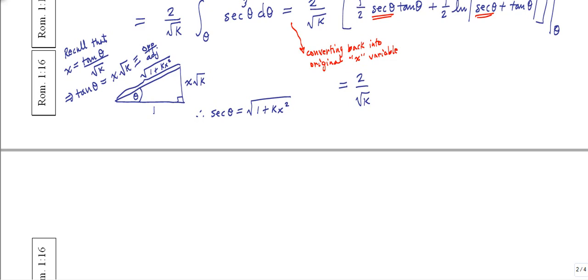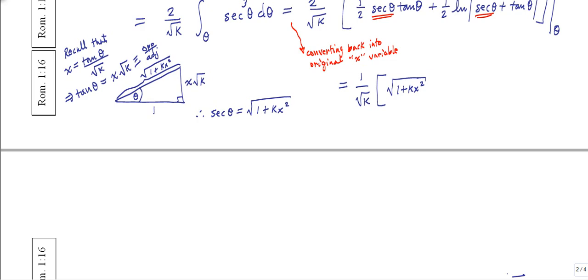And by the way, the 2's are gone, right? Because we had a half, and we had a half common to both of my terms, so that half and this 2 cancel. So I could really write this as 1 over radical k times secant theta, we just said, is radical 1 plus kx squared.